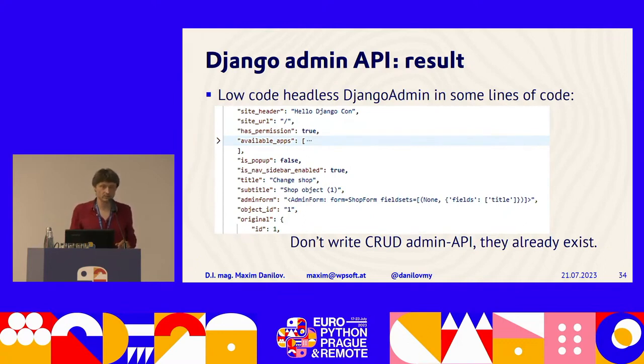This is the standard answer from the example. You can start it, you can see it, and you receive the full information which you need to render the template. Or you can use this information on the front end to create some flexible backend front end for your manager. OK. I only suggest: don't write a new CRUD admin API.